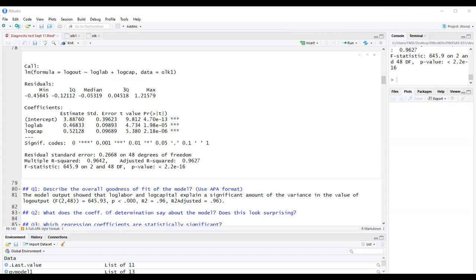Pero dapat ang pagsulat natin, 0.46833 times log labor plus 0.5212 log capital. But we're not writing it this way. Ang gusto kong pagsulat, ganito dapat, no? So, ito tama to, guys. Tama ito. Kasi, yung B2 natin, ito di ba?